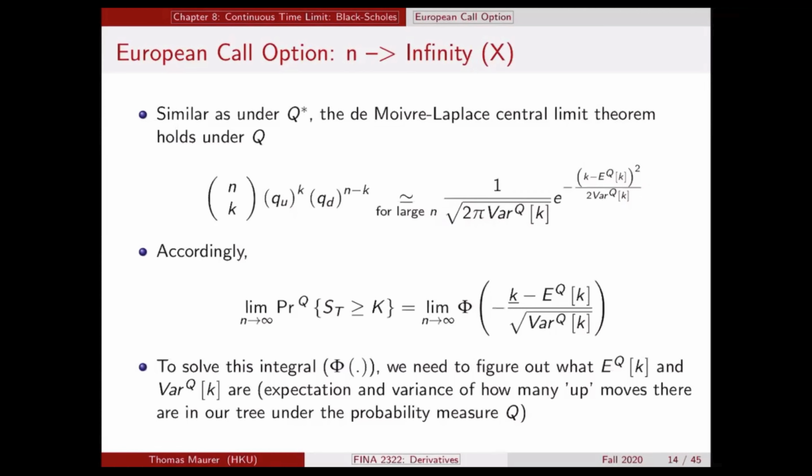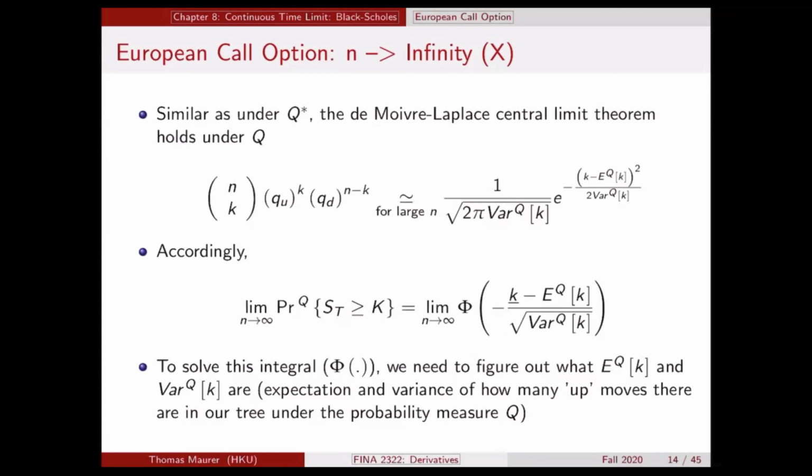We can write again that probability of being in the money in terms of the probability of a standard normally distributed variable being smaller than some term, and that term actually takes the same form as before, except that we replace q star by this risk neutral probability q.